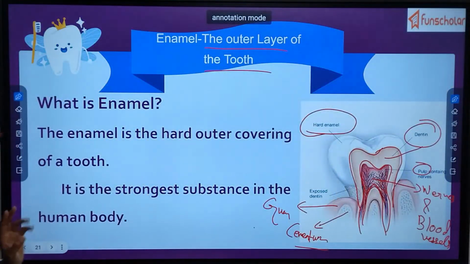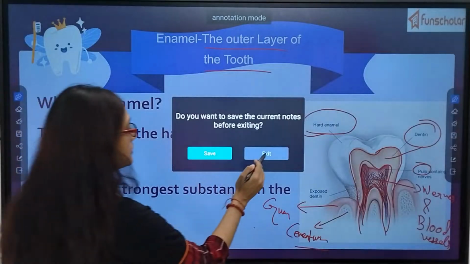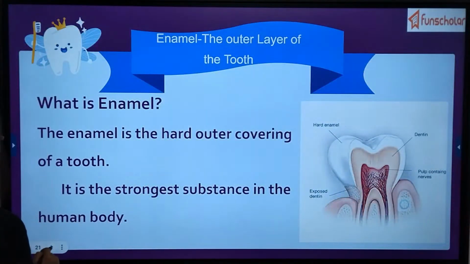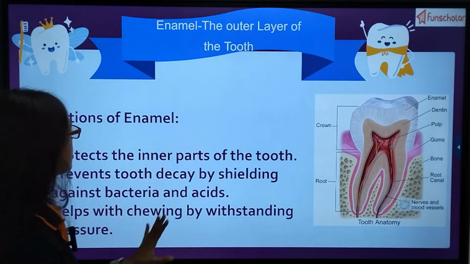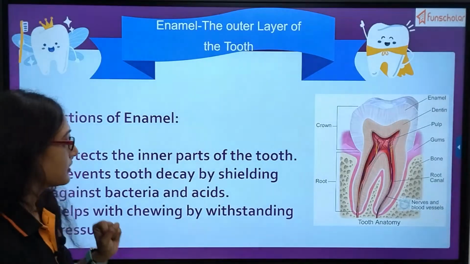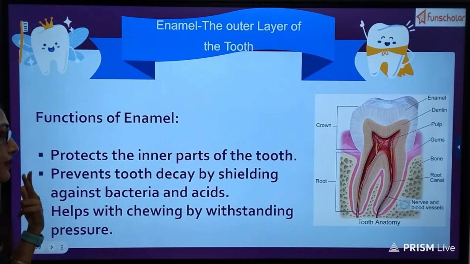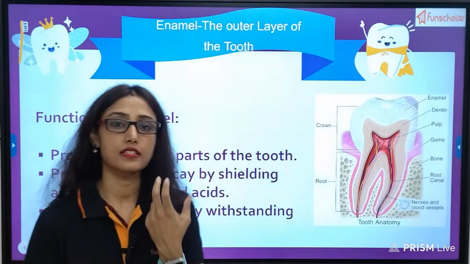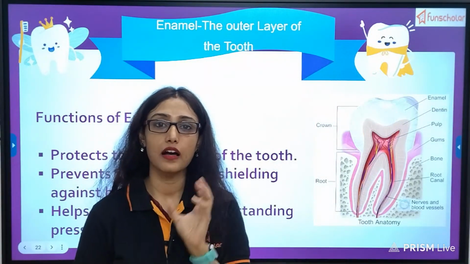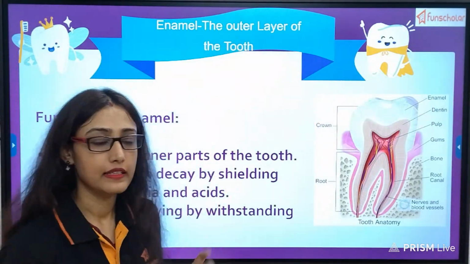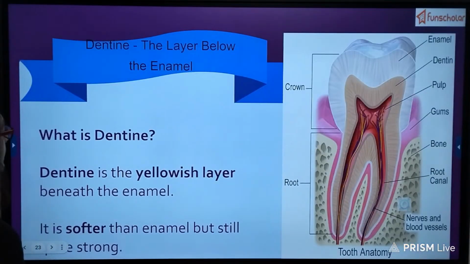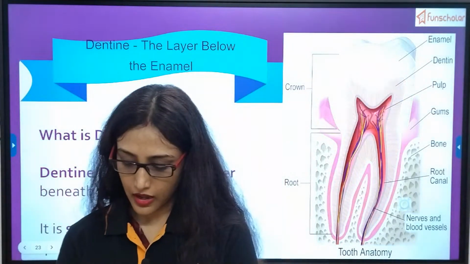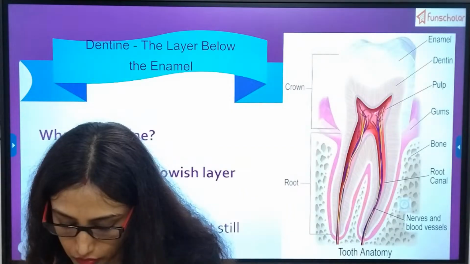I hope this is now clear to you. Okay, I have explained everything easily. And the function of enamel, I have already told you, it acts as a shield that protects the teeth from any damage.